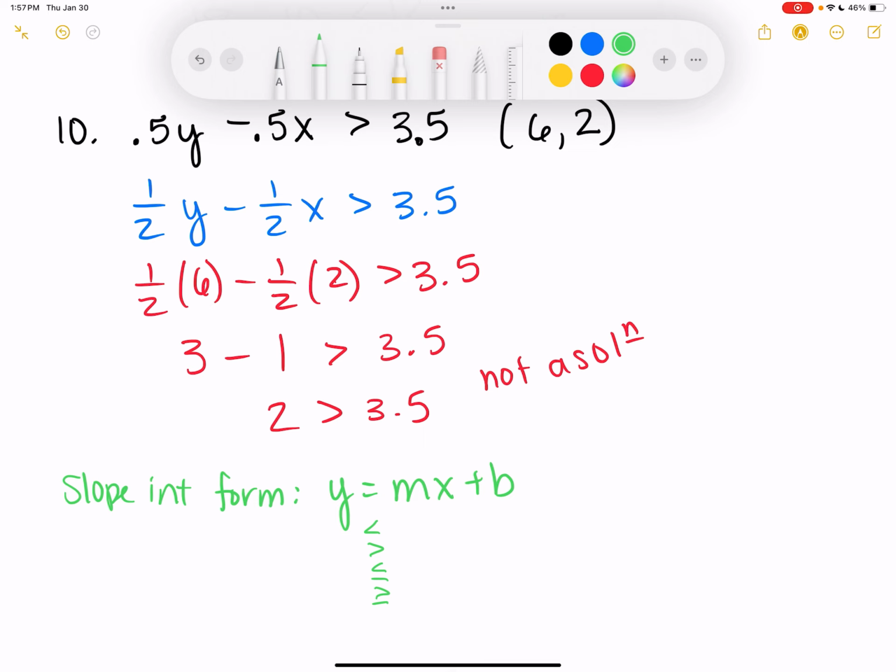This is 0.5y minus 0.5x. I thought that was negative 0.5. That's negative 1/2. That's the same thing. Negative and minus are the same thing. My brain hurts. It's always and forever been the same thing.